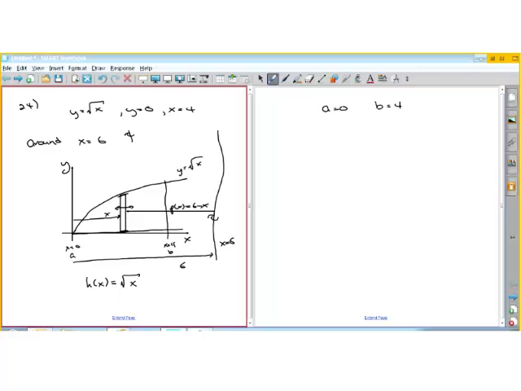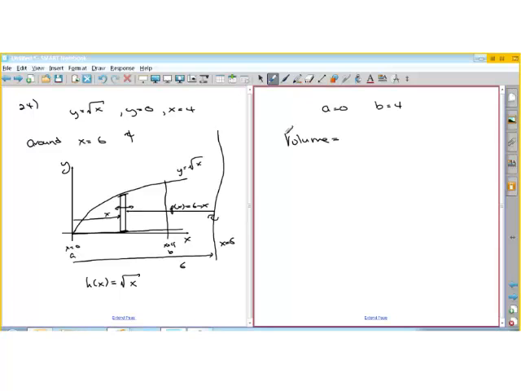So that's a, that's b. Okay, so the volume using the shell method, where you have a vertical axis of rotation, is 2 pi integral from a to b of p of x times h of x times dx.